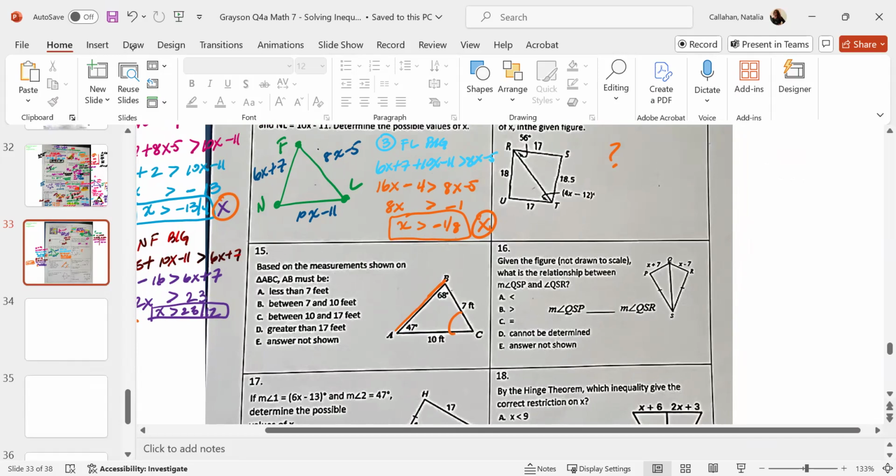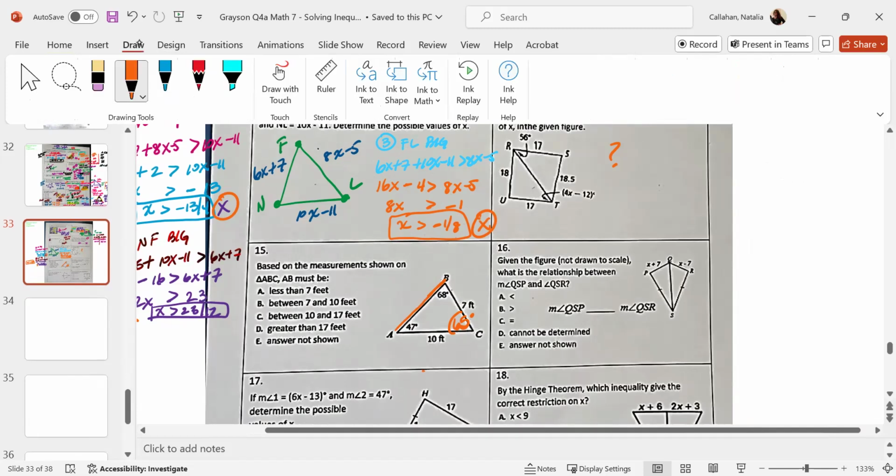You know the triangle is 180. 180 minus the other two. 65? No, 65. Okay. Now they also give you the two sides, correct?